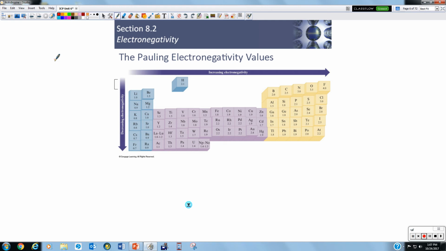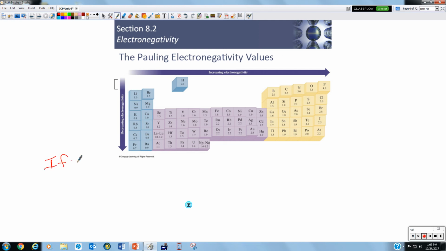But depending on who published the electronegativity chart, you will have some discrepancy in the values. I think this one's pretty close to the one I gave you, but it's usually a decimal place off. It's not anything major. Again, I'm not going to ask you to calculate electronegativity difference, but I'm going to give you some values.